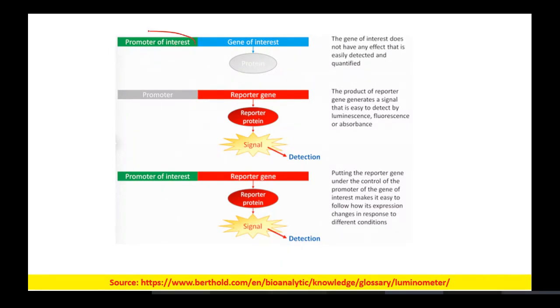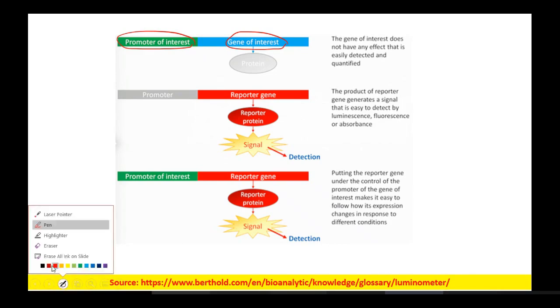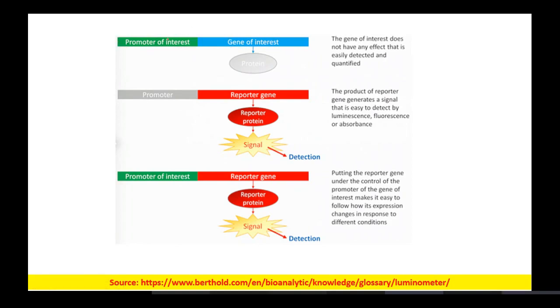One is the promoter of interest and the second is the gene of interest. Under normal biological conditions, this promoter of interest will promote the gene of interest to synthesize proteins.